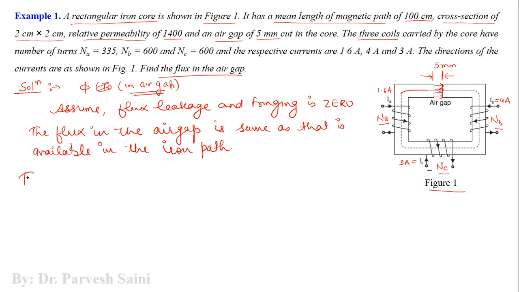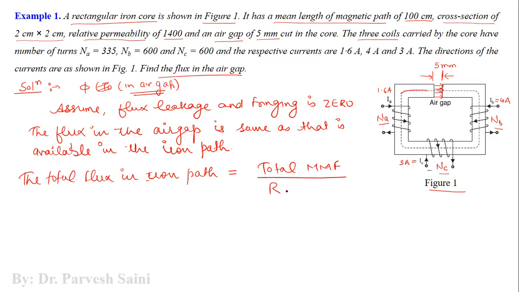So the total flux in the iron path is equal to total mmf divided by the reluctance, right?